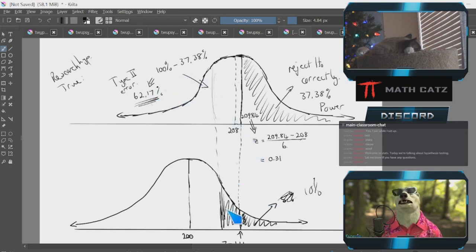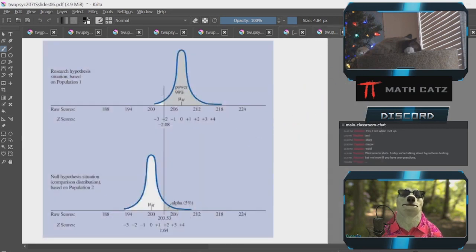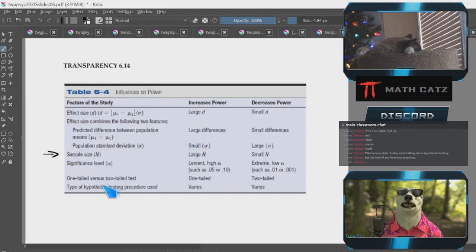But I increased the probability of making a type 1 error. So there is a balance between the two, but I can change one to improve the other. There we go. And of course, depending on if I have a one-tailed or a two-tailed test, I split the alpha up on both sides, and that can have an effect as well.